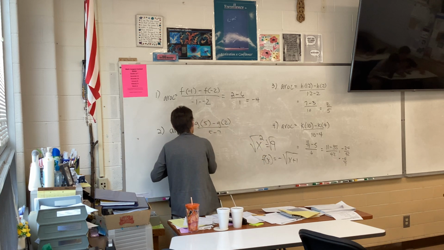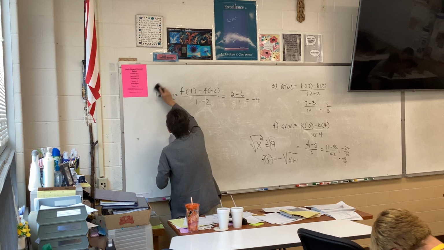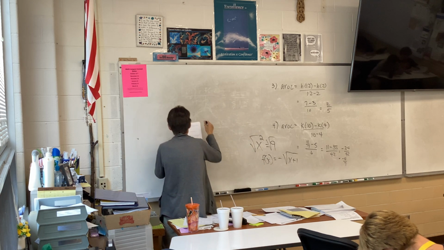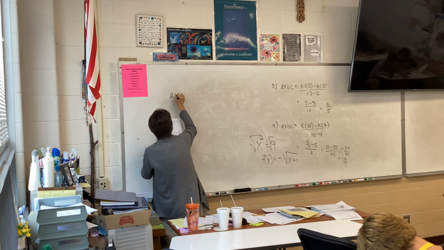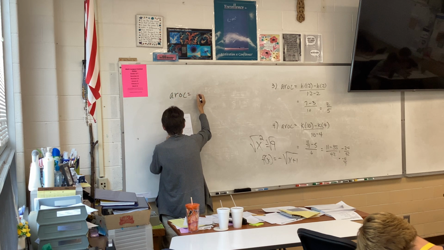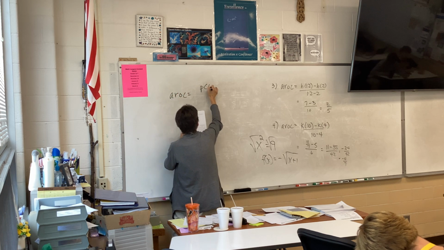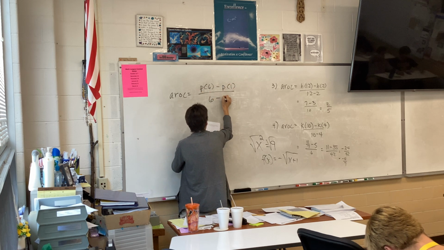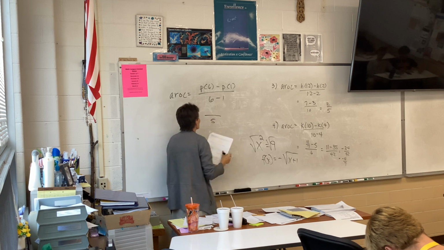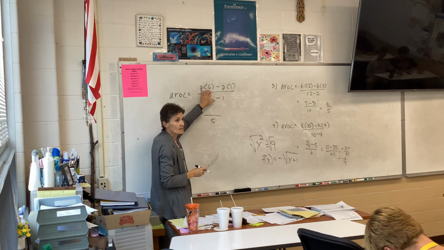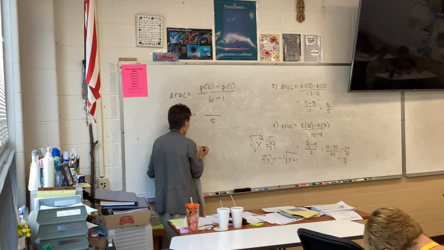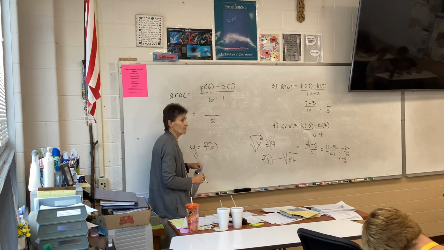Now, I kind of assumed that we all knew how to interpret the graph. I want to make sure that's true. So we need P of 6 minus P of 1 over 6 minus 1, okay? P of 6 is a y value. Remember, y is the same as f of x, right?